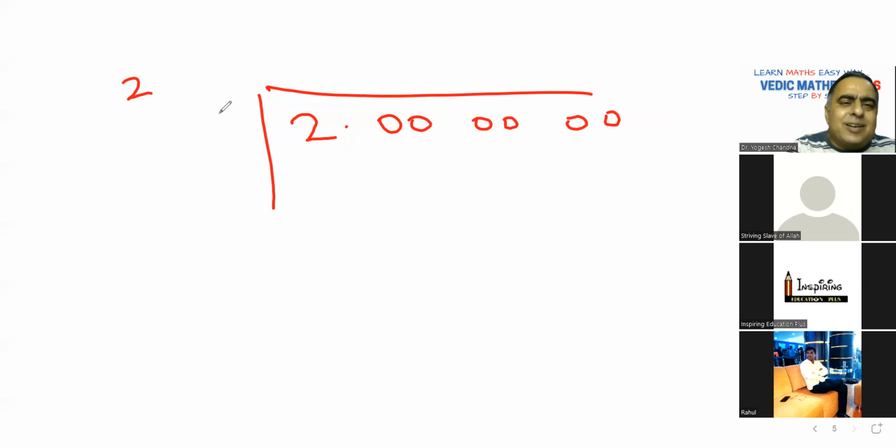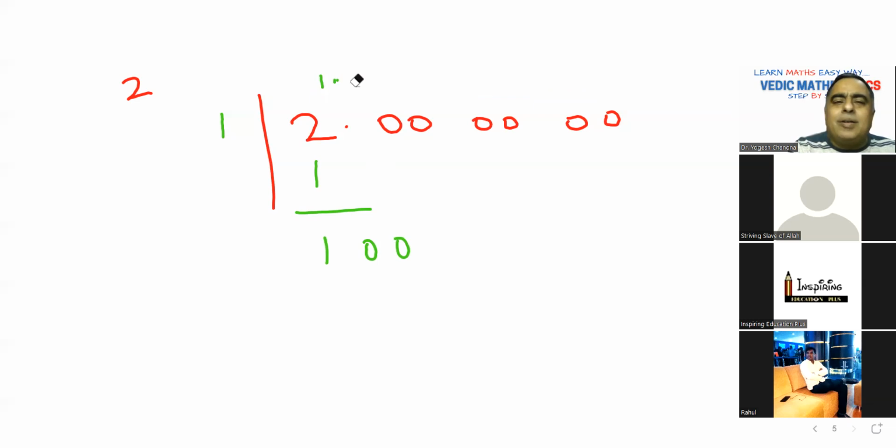Okay, now see the things. 1, 1, 1, 1, 0, 0. So nothing affects here, only here. Up till here, any question you have?